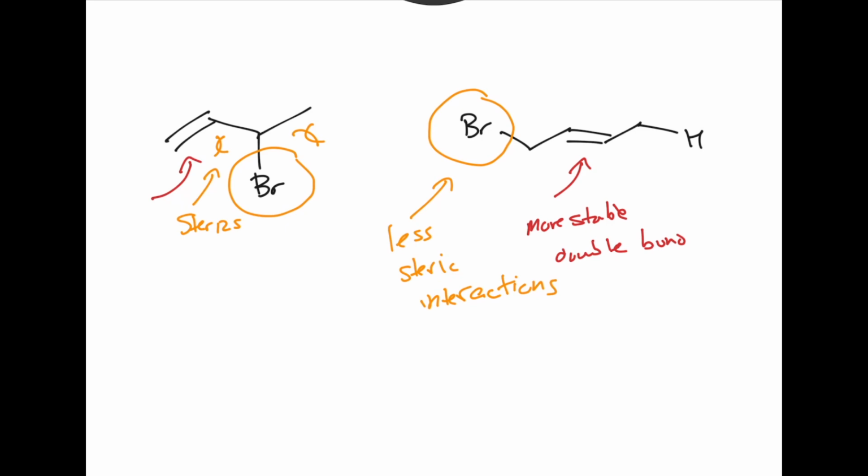Now, this is for a really simple example. It's harder to predict if you have more groups on your molecule or your double bonds. Like your diene isn't just 1,3-butadiene, right?